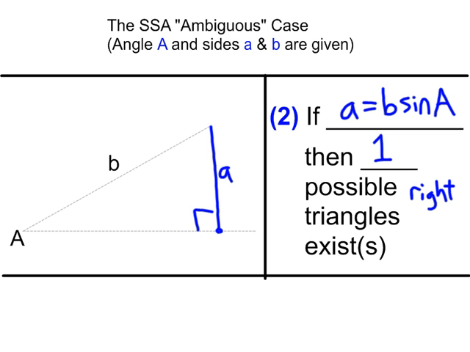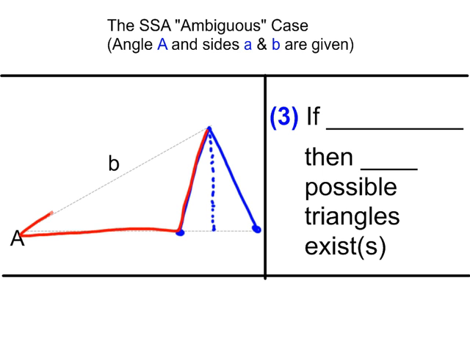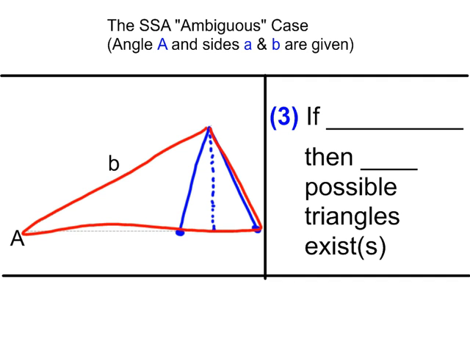Okay? The third condition was the ambiguous one. The third condition was where we compared little a to b sine A, and we found that little a could either swing in this direction or it could swing in that direction. So again, it was ambiguous as to whether we should be looking at that triangle or that triangle. That was the ambiguity.